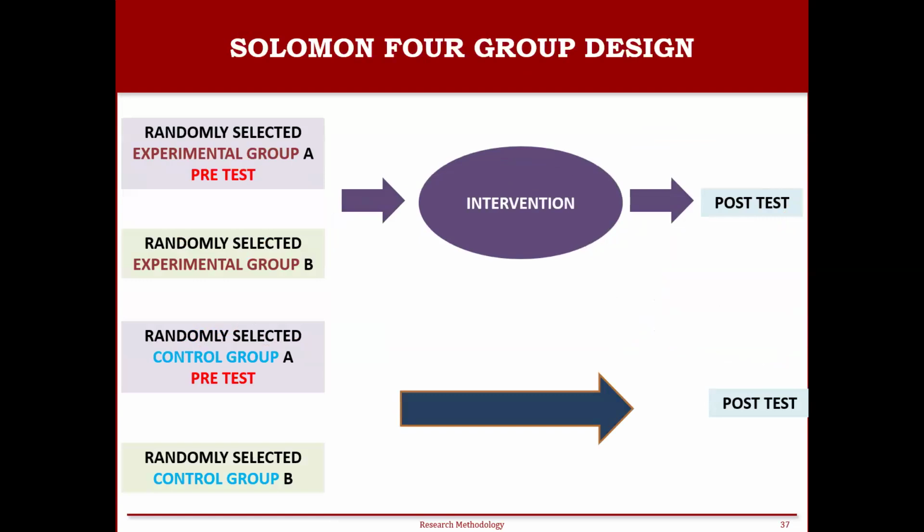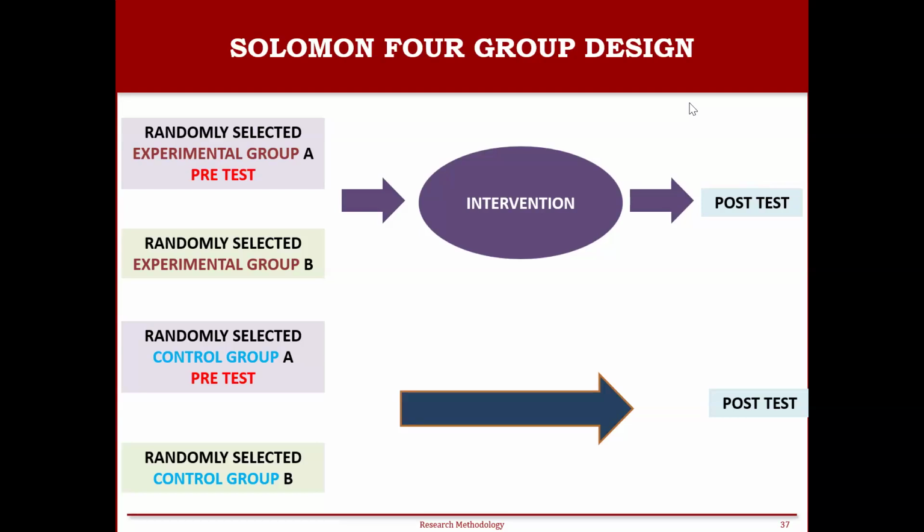So then moving on to the last one, the Solomon 4 group design. This is a little bit complex, right? A little bit more complex than the previous two, because this is a combination of both the post-test only and the pre-test post-test control group design.